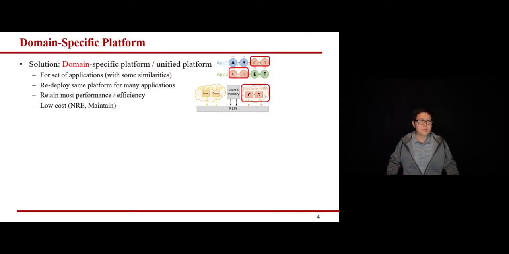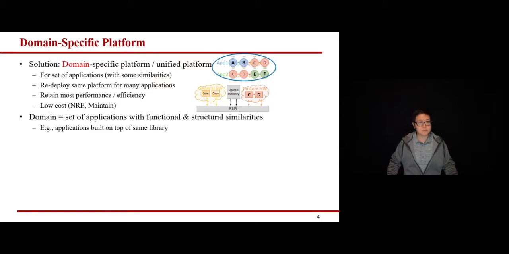The solution is that we can design a domain-specific platform, which is one unified platform for many applications with some similarities. In the domain platform, we can deploy the same accelerator to accelerate the common processing patterns in many applications, which can retain most of the performance as well as keep the cost low.